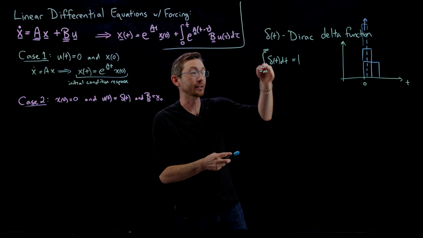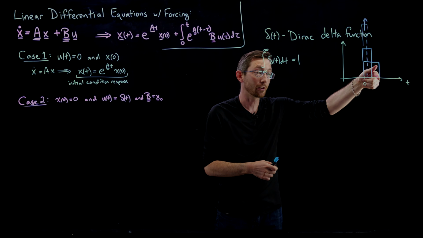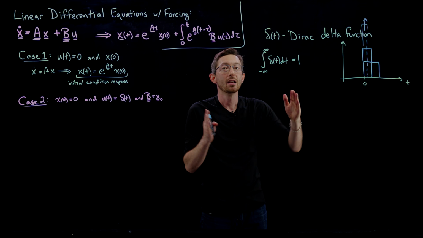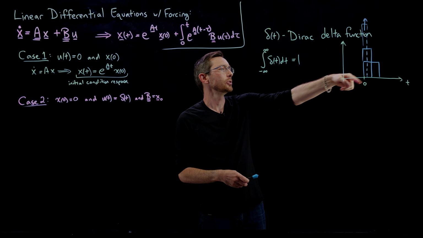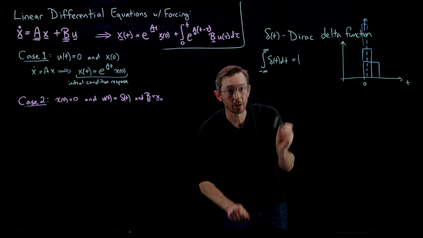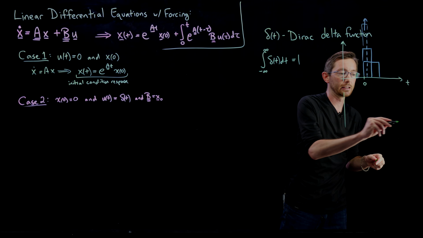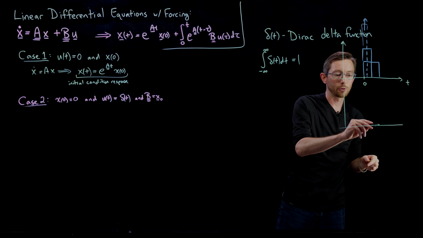If I integrate it, its area equals 1, but it is infinitely thin and infinitely tall. And you can do that with rectangles. You can equally well define your delta function as Gaussians.